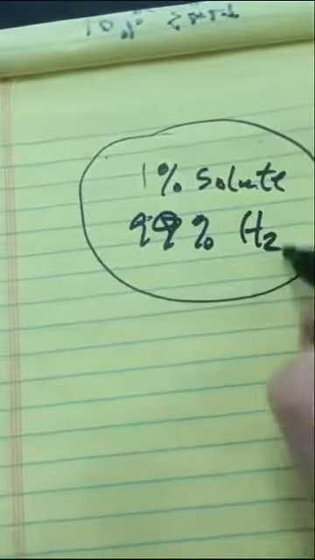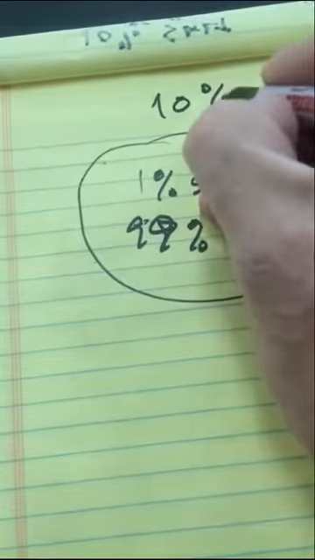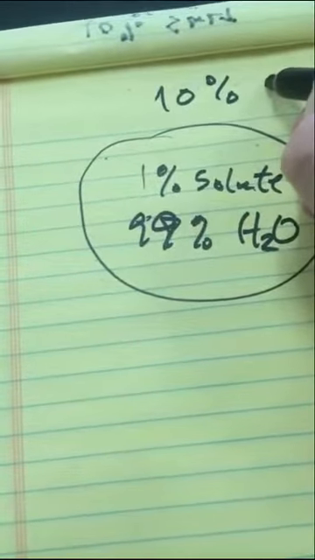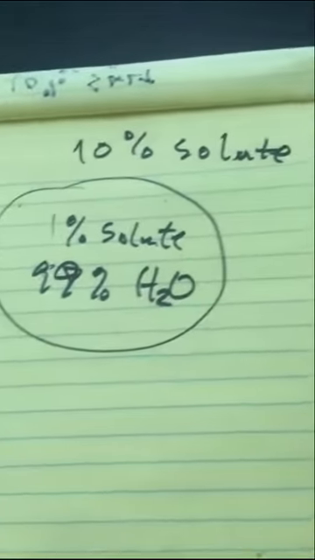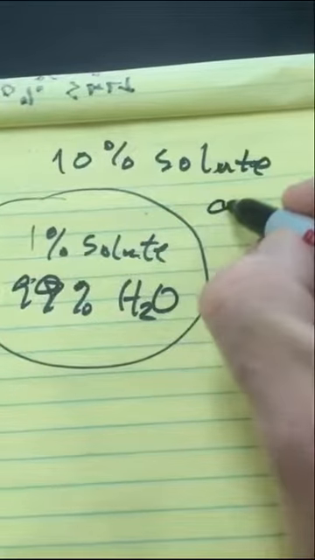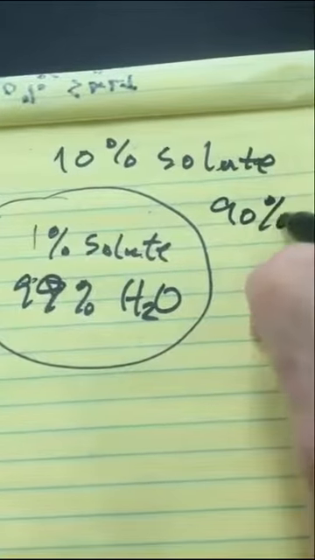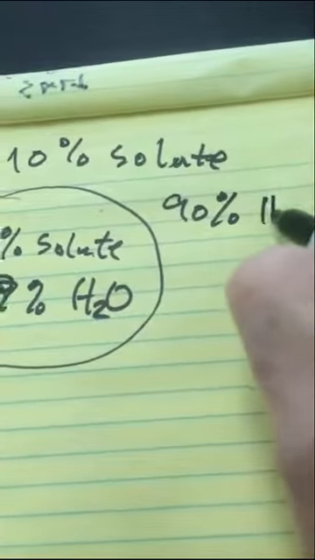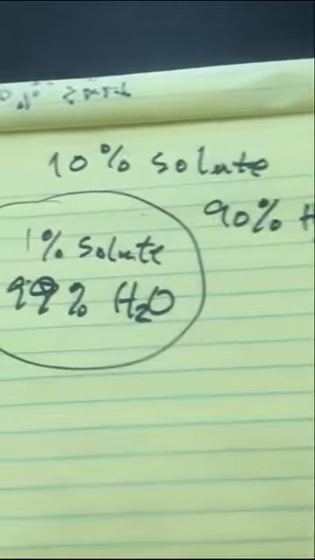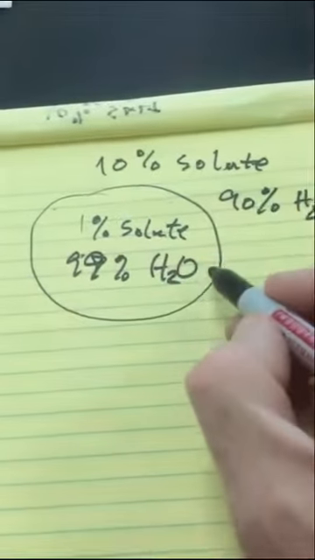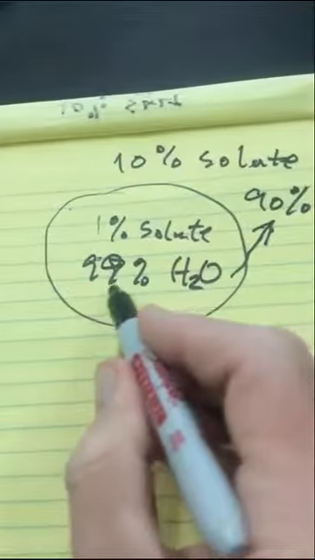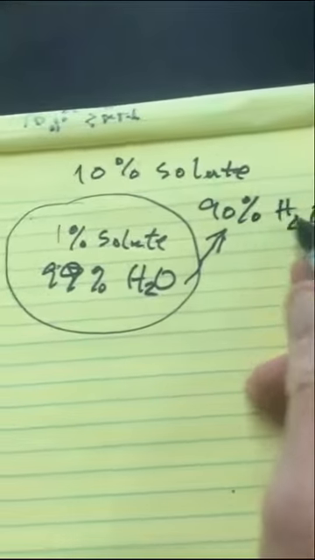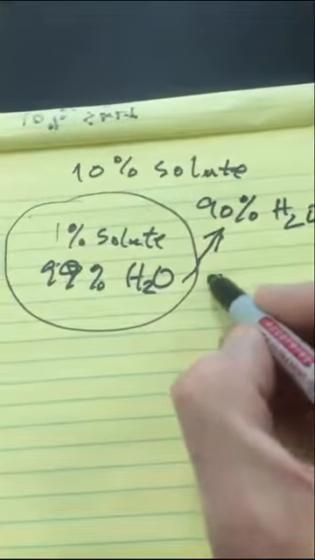Okay, and then outside we're going to place a 10% salt. So that's my solute. Could be sugar, 10% sugar. That's a 90% water. And remember, osmosis, again, is the diffusion of water. So water moves from where you have more of it to where you have less of it. Always from a high concentration of water to a low concentration of water. So it's going to move out.